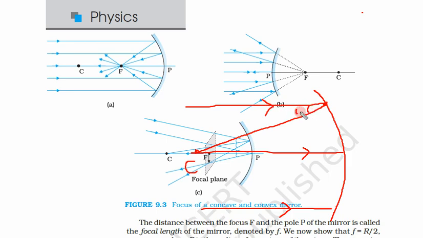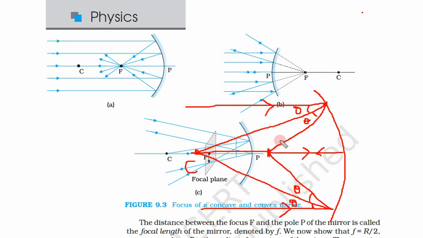So if this angle is theta, the beam will be reflected at angle theta from this normal. So this is again theta. Since there is no angle here, the beam will reflect at the same angle, and retrace its path. Again we connect this point with C. This angle is theta, this angle is theta, so the beam will reflect at angle theta, because the law of reflection remains the same.